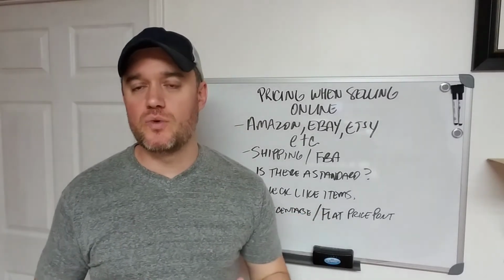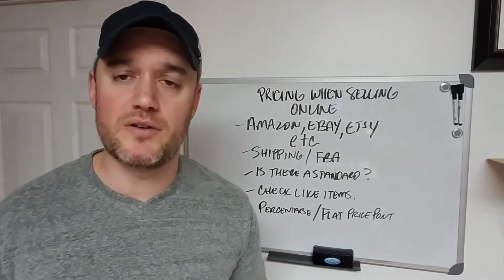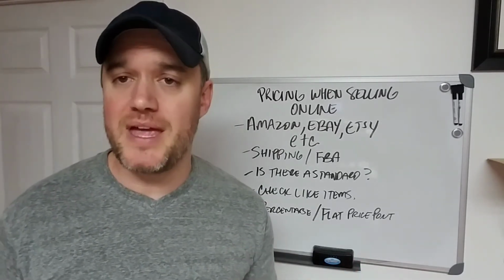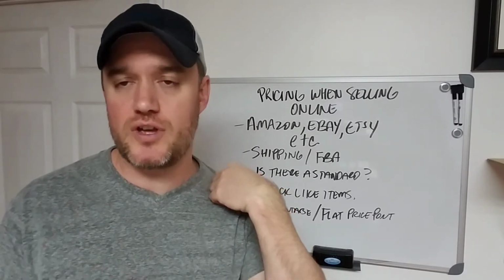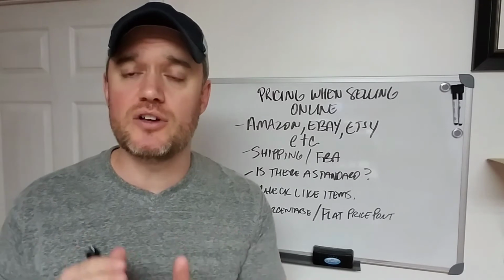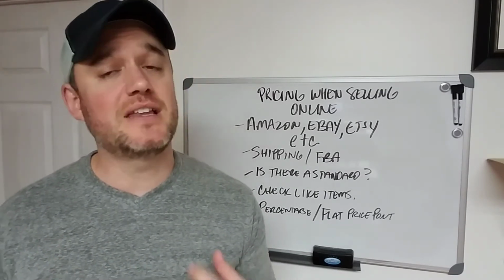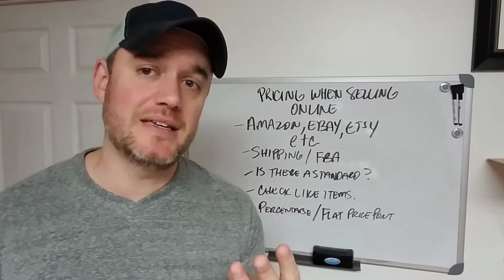Now you are producing a food product, or any product for that matter, but let's say you are making a cookie, okay? You have a set amount of ingredients for that cookie, and it costs you a set amount of money to produce it. But now you're selling on Amazon, eBay, Etsy, you know what I mean?